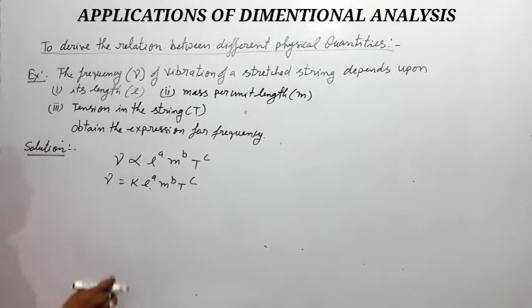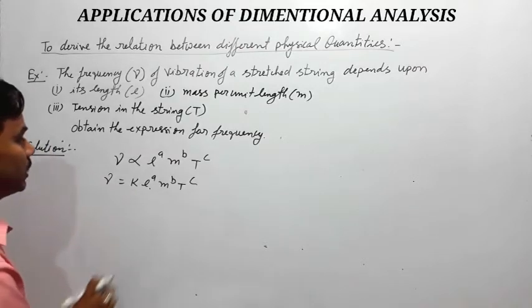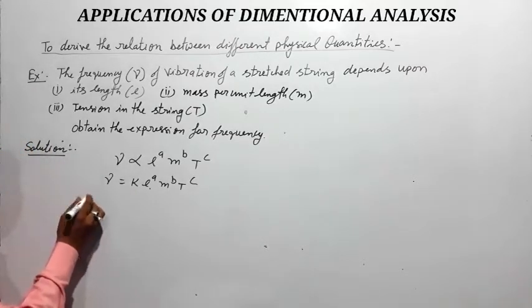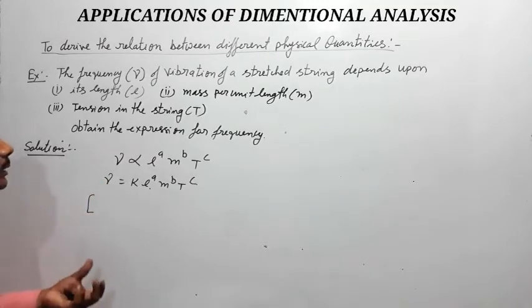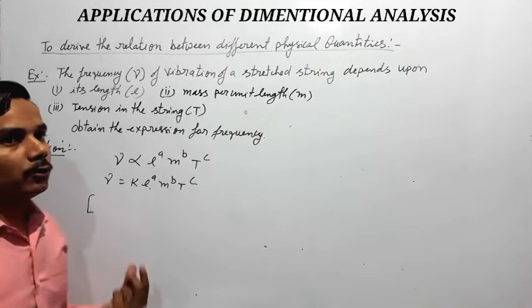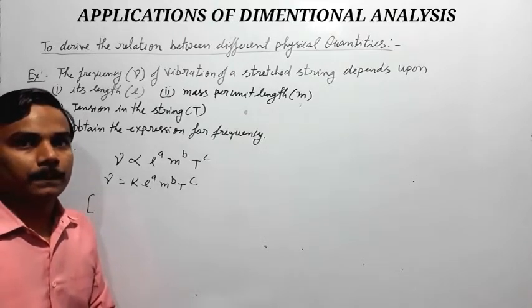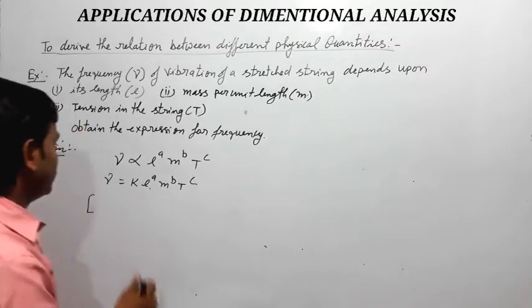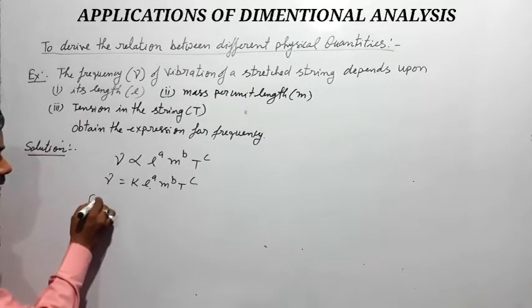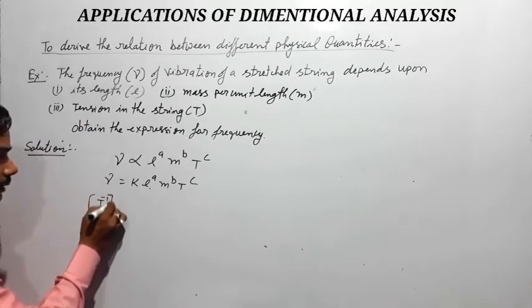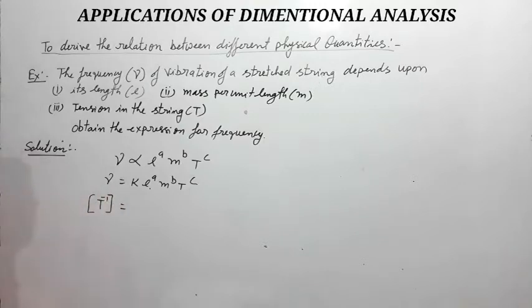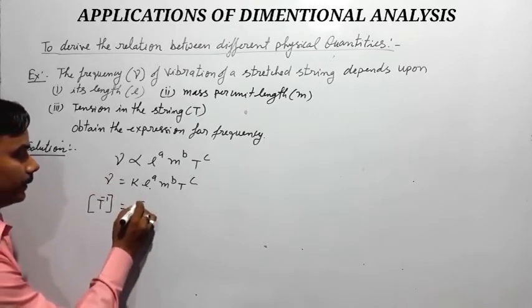Now we will put the dimensions of all these physical quantities. Clear? So the dimension of frequency, we know that the frequency is the reciprocal of the time period, or we can say frequency equals 1 upon time period. So the dimension of frequency is 1 upon time, so we can write T inverse. And K is a constant.